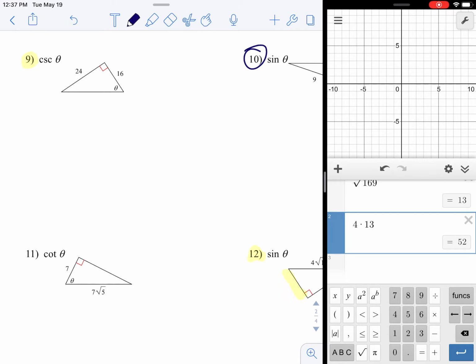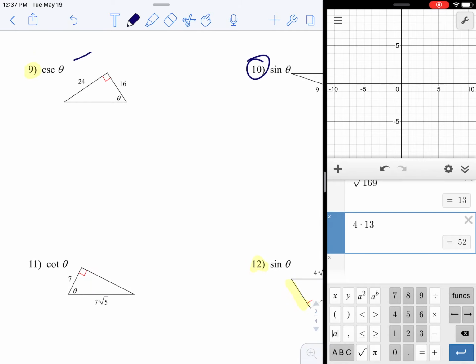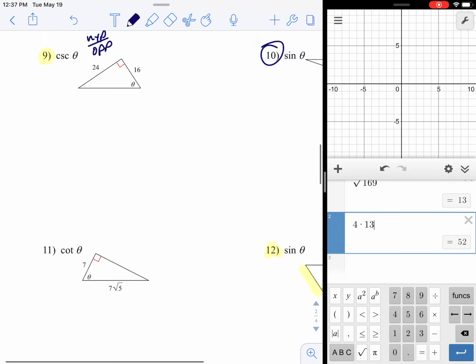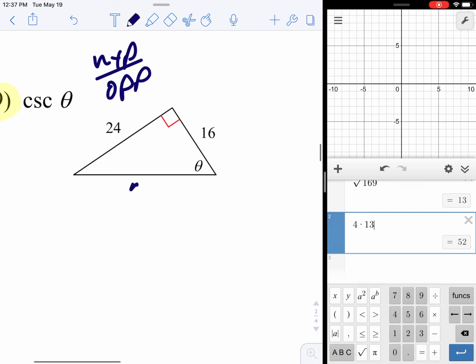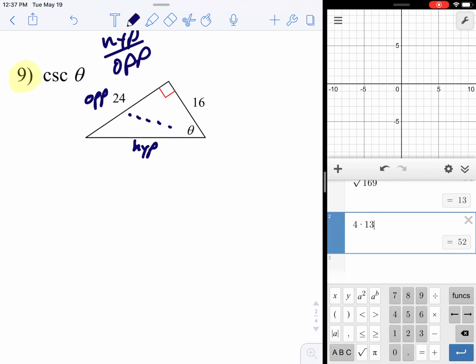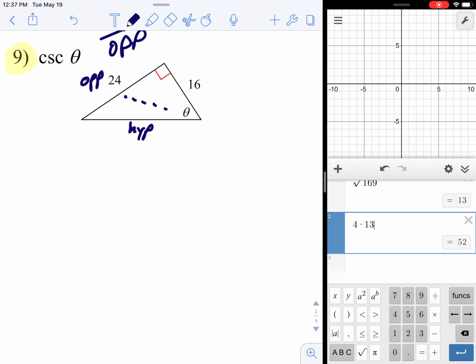Okay, cosecant. Cosecant, check your notes, is defined as hypotenuse over opposite. The hypotenuse on number 9 is right here, and the opposite is over there. So we need to know what the hypotenuse is before we can go any further. So this takes us back to geometry. Remember, a squared plus b squared equals c squared, where c is always the hypotenuse.